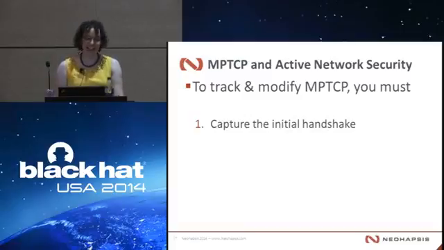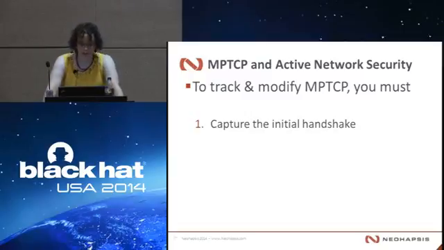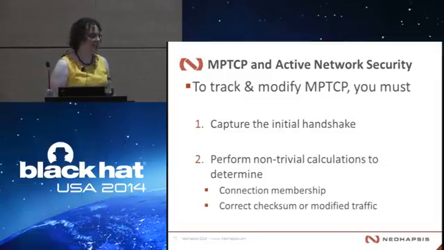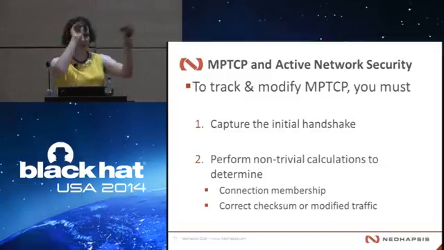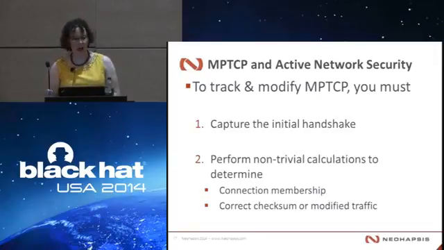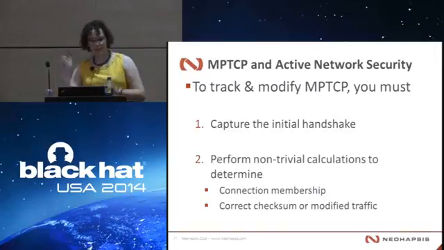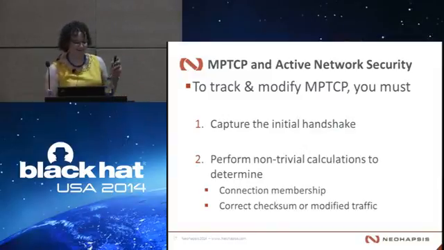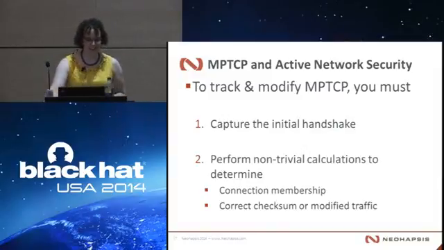If you don't have that, it's variously difficult to impossible to mess with this traffic. If you don't have it, or even if you do, you still have to perform non-trivial state calculations to determine which TCP connections belong to which overall connection, and are the checksums correct on your modified traffic. Sounds much simpler than it is.